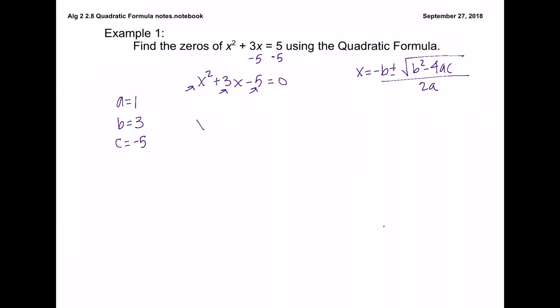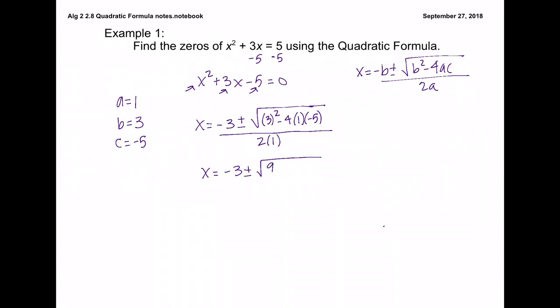So we have x is equal to negative 3 plus or minus the square root of 3 squared minus 4 times 1 times negative 5 all over 2 times 1. We then can simplify what's underneath our radical. 3 squared is 9.